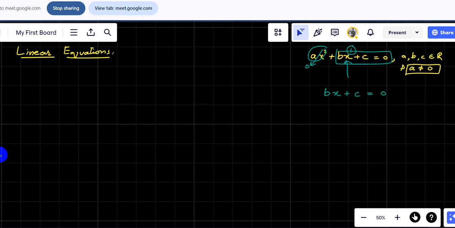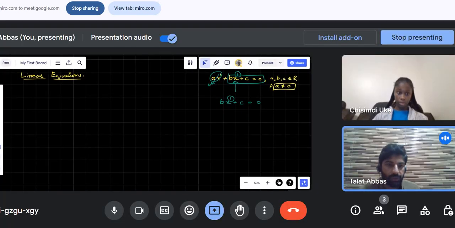Now in this equation, the maximum power of the variable is 1. So whenever we get an equation in which the maximum power of the variable is 1, those equations are known as linear equations. And these linear equations could have more than one variable.